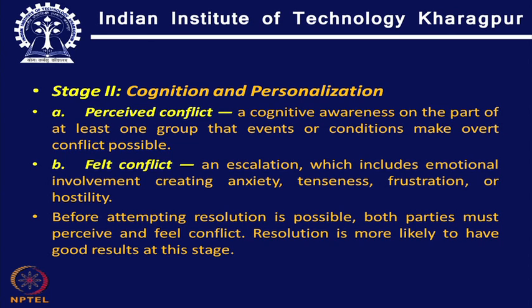B is felt conflict, where there is an emotional attachment, an escalation which includes emotion and involvement, creating anxiety, tenseness, frustration or hostility.